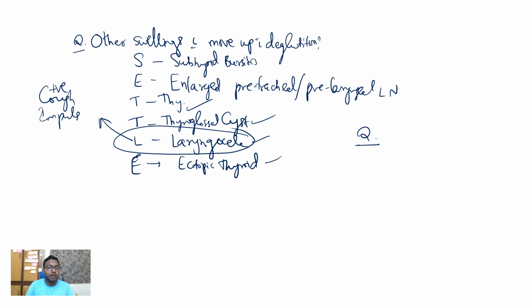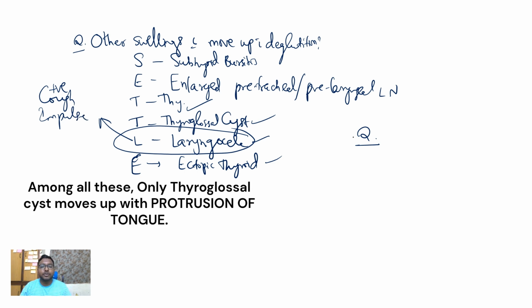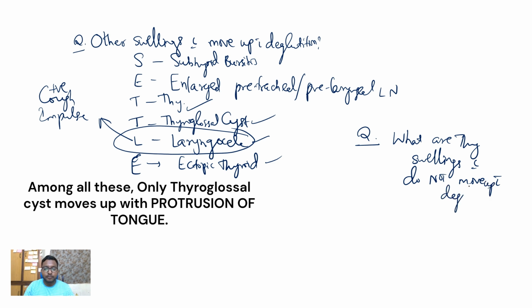Another question they can ask you is, even though it is a thyroid swelling, when will it not move up with deglutition? What are the thyroid swellings which do not move up with deglutition? First one is a very huge goiter.